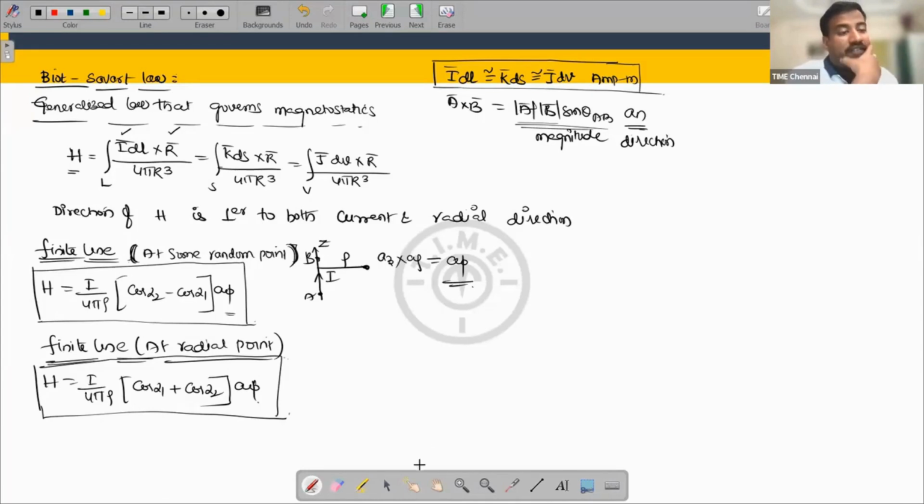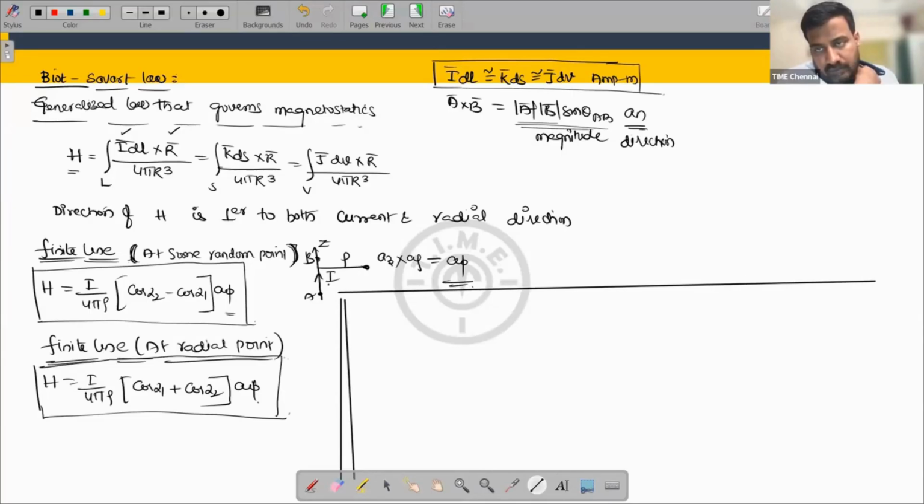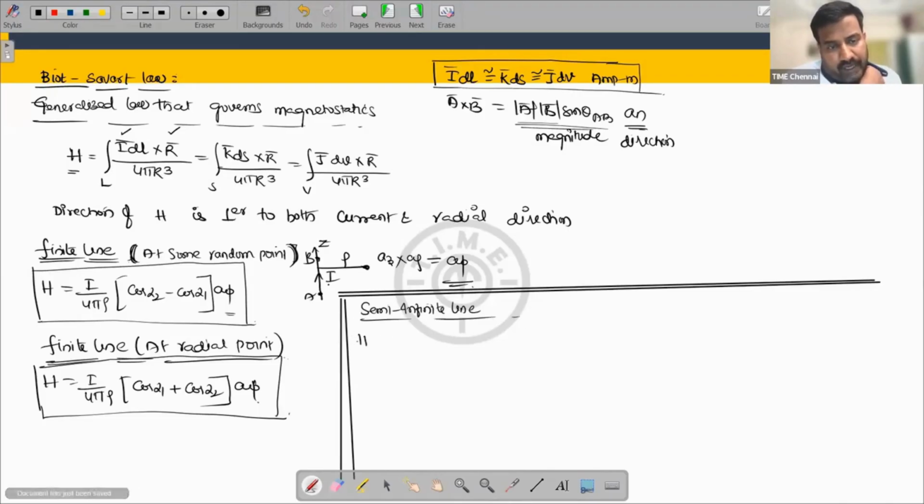Now, if I consider a semi-infinite line, for a semi-infinite line, H is given by I by 4 pi rho A phi.